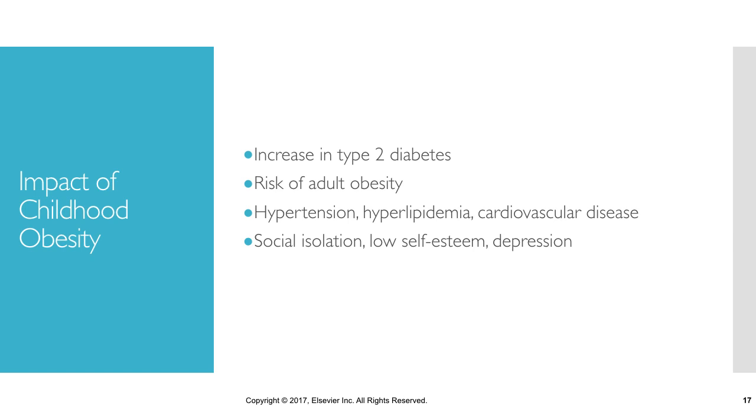But with the sedentary lifestyle our children have and the high-fat diets they're eating, we're starting to see hypertension and hyperlipidemia in these children, which is putting them at risk for cardiovascular disease at a younger age than we've seen before. And then we talked about how it may cause social isolation, low self-esteem, and depression.